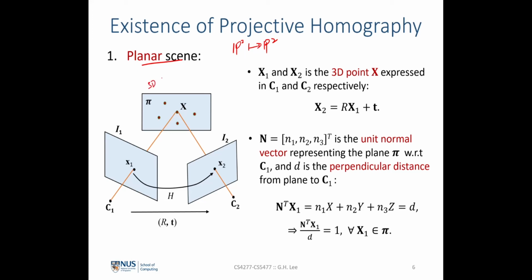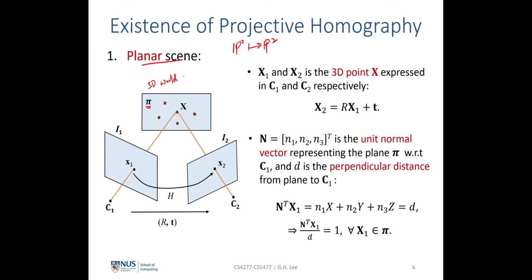So this is my 3D world, and I have a set of points denoted by these circles over here. Suppose that one of these points, I'm going to call it capital X over here, and the existence of this projective homography is true only when all the points that we see in the 3D world lie on a plane, which we call pi over here.